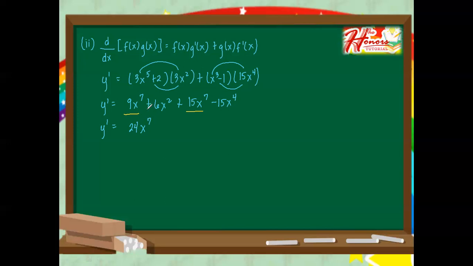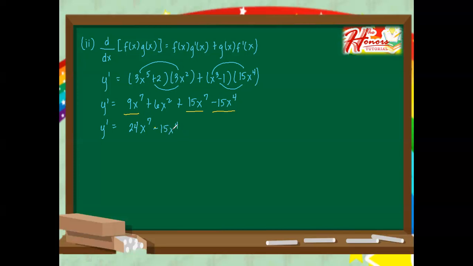Next, let us have this part, negative 15x raised to 4, since we are aiming for the exponents to be in decreasing order. So after 7, we decided to have 4. Okay, so we just copy negative 15x raised to 4. It is because we don't have any like terms for this.